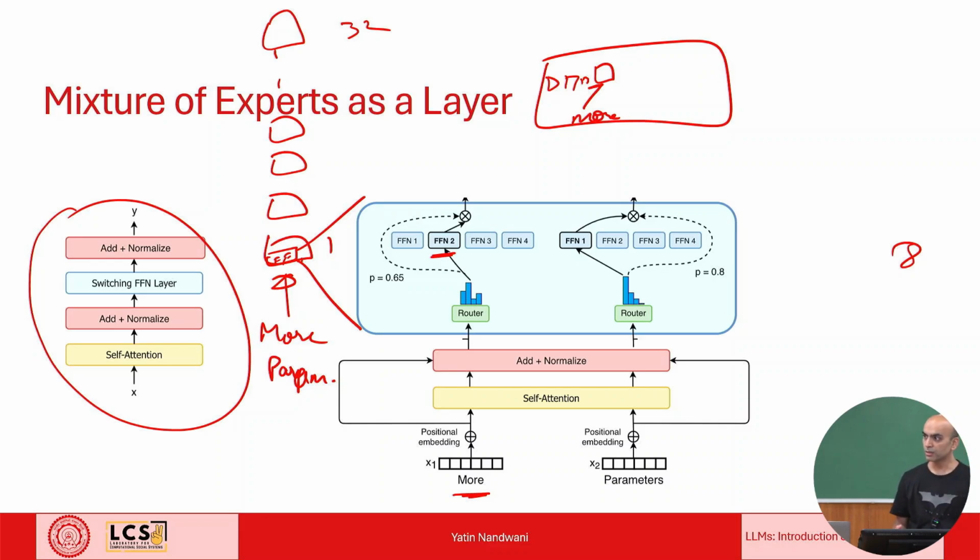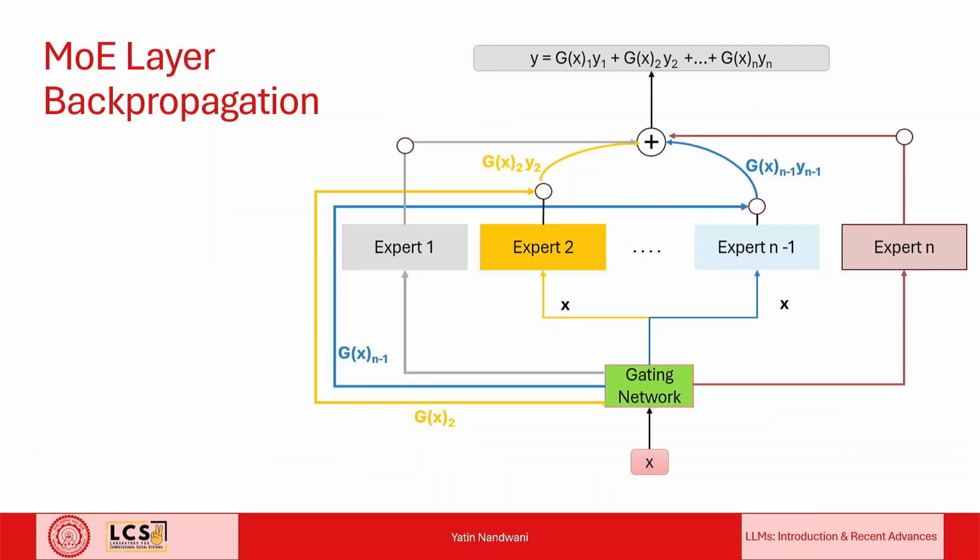Let's say each feed-forward layer is hypothetically 1 million parameters. We have increased the number of parameters to 8 million, but only one of them is active at any point in time. So only 1 matrix multiplication happens for an input, not 8. That is what gives it efficiency. That is called conditional activation of an expert.